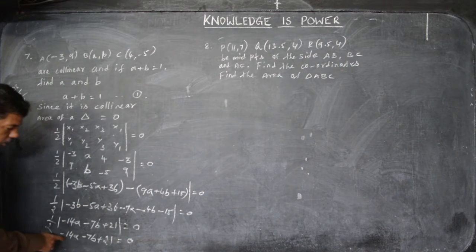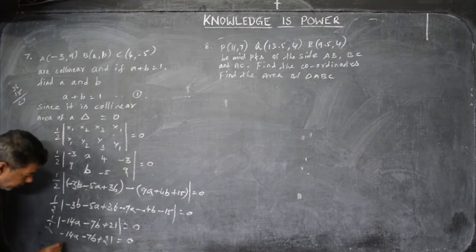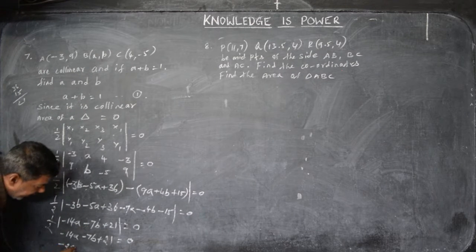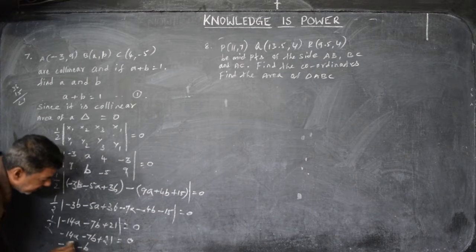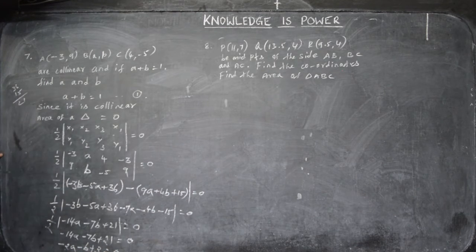Now since all go in the 7 table, what do you have to do? Divide by 7. Divide by 7 means 7 twos are 14, 7 ones are 7, 7 threes are 21. So we get minus 2a minus b plus 3 equal to 0. It's clear?